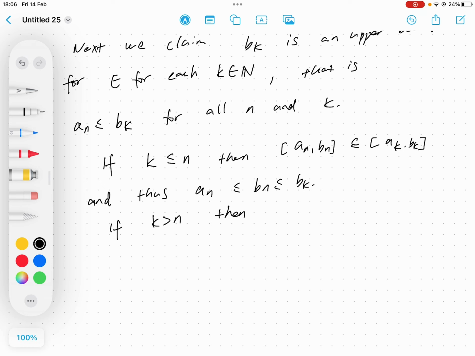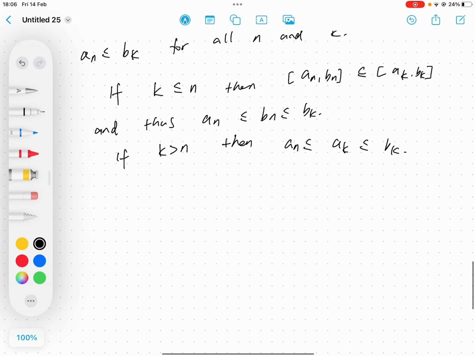Then we're going to have An less than or equal to Ak less than or equal to Bk. Okay, and this is the second half, right? So those two exhaust all the possibilities. Okay, and then this is done, right? Good.